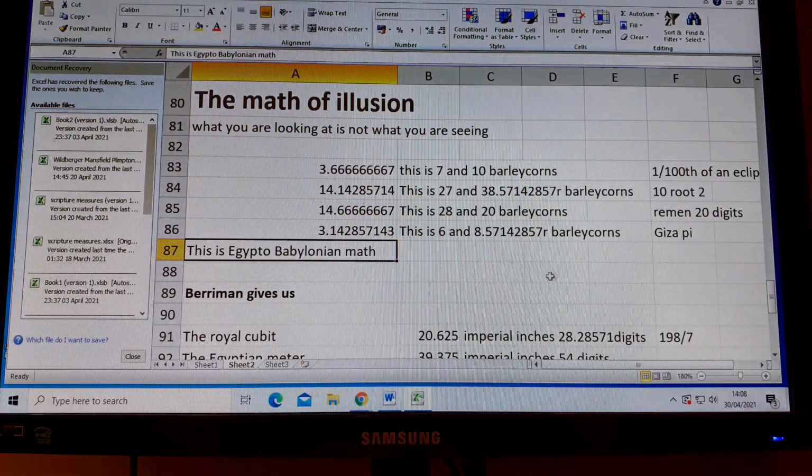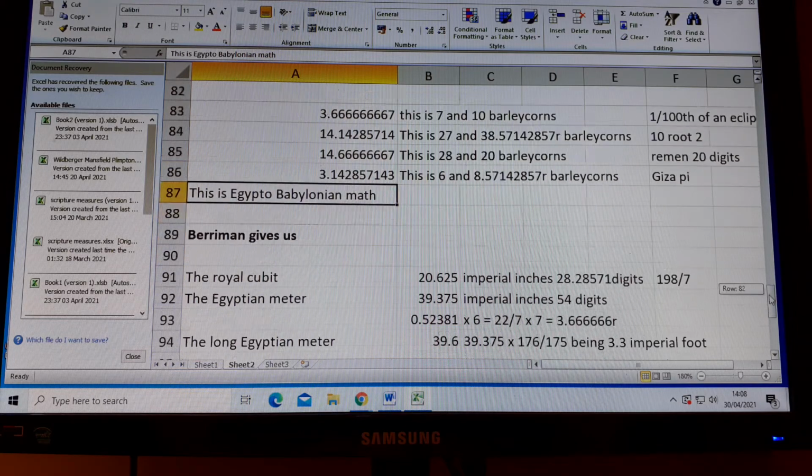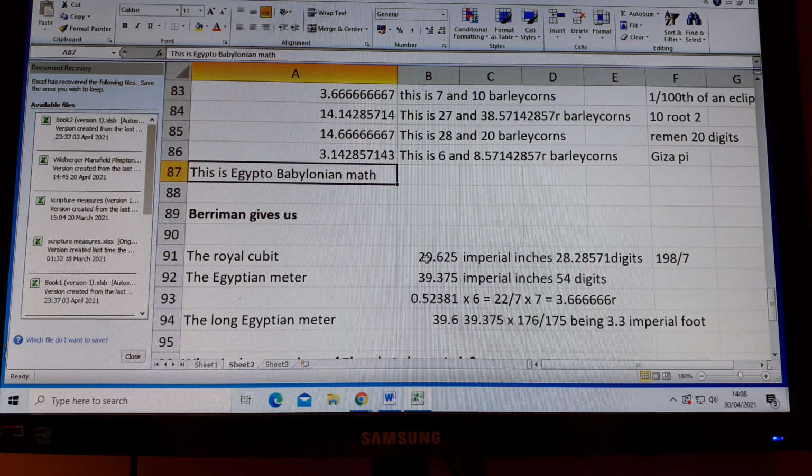And Berryman tells us in his book, Historical Metrology, that they were using a royal cubit of 20.625 imperial inches. And this is 28.28571 digits. And that's 198 over 7. He gives us the Egyptian meter as 39.375 imperial inches, and that's 54 digits.